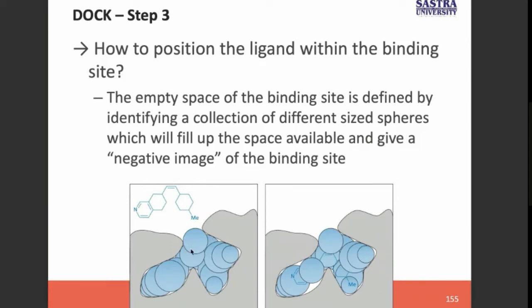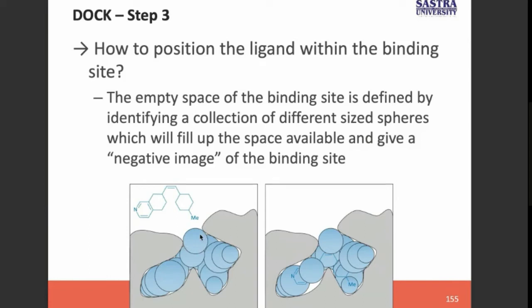So they will fill this space by using spheres of different sizes. There's a condition used in UCSF DOCK. The condition is that whatever sphere you're fitting inside should make contact in two positions. It should make exactly two contacts with the binding site. So if we take this sphere, it is making contact in this position and this position.